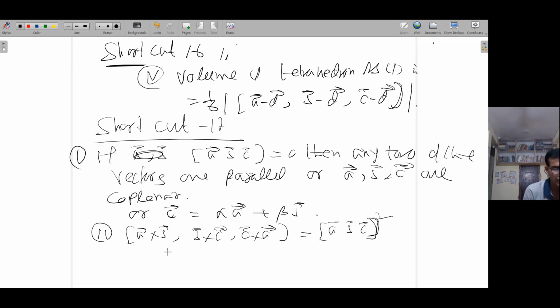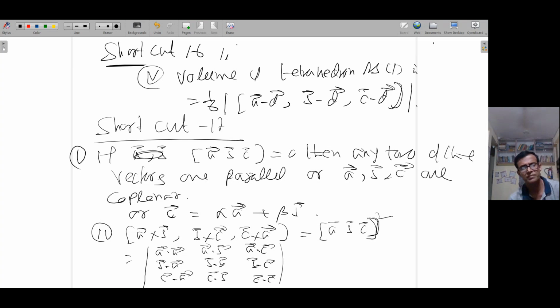That means you can write the determinant: A dot A, B dot A, C dot A; A dot B, B dot B, C dot B; A dot C, B dot C, C dot C. Okay.